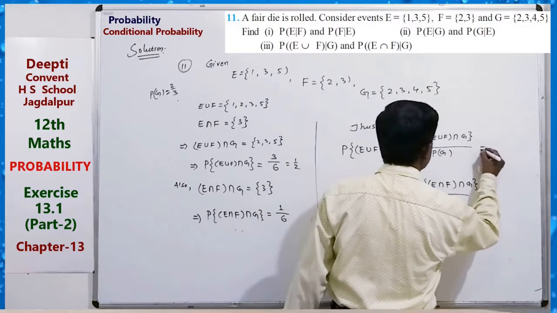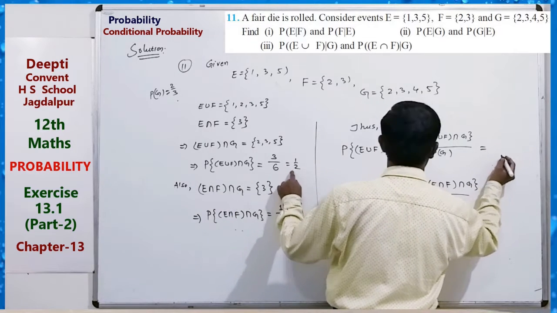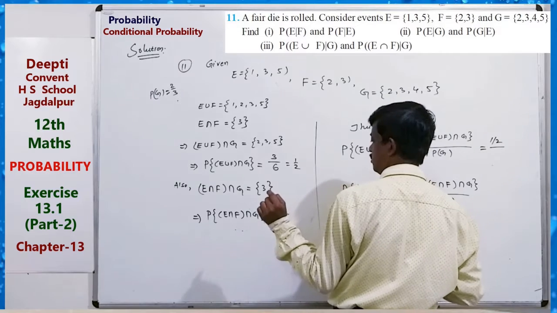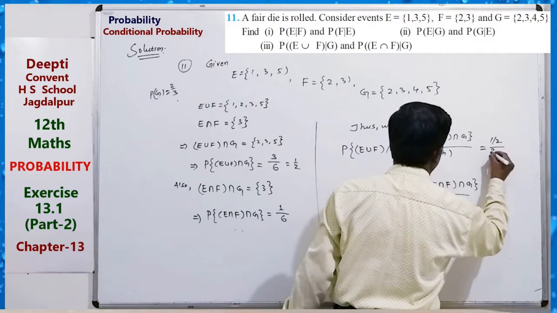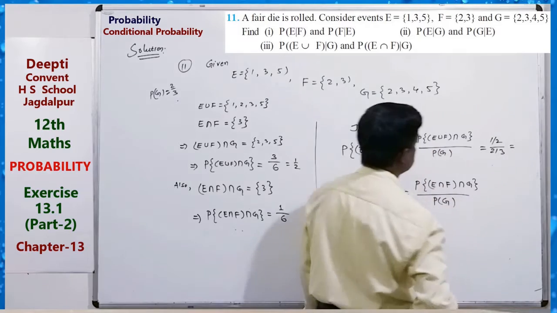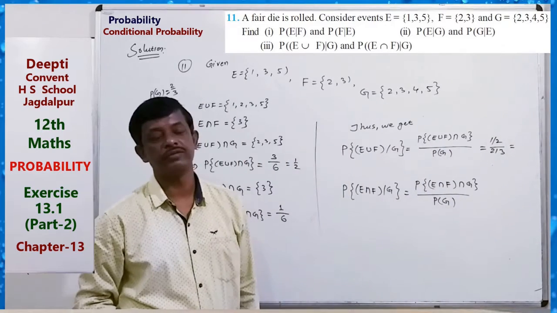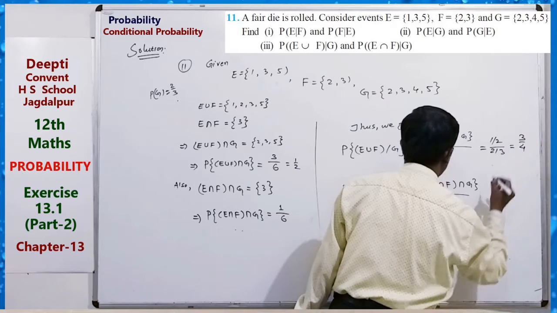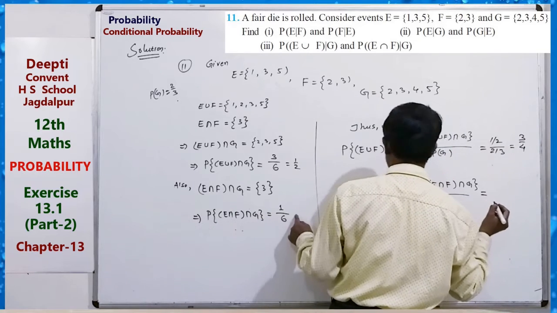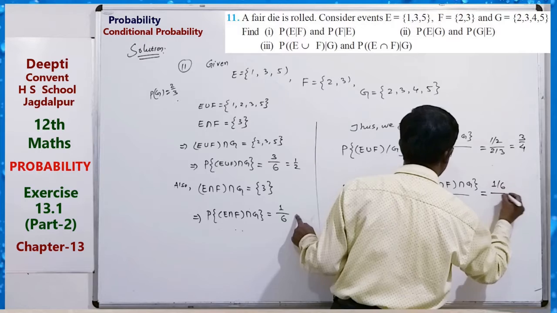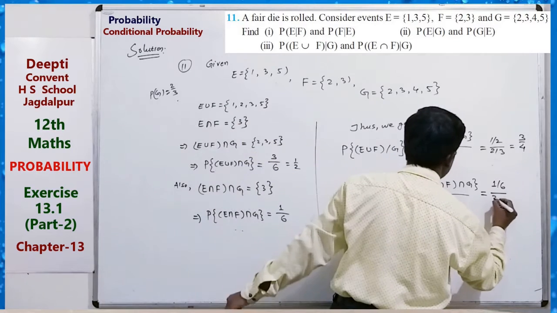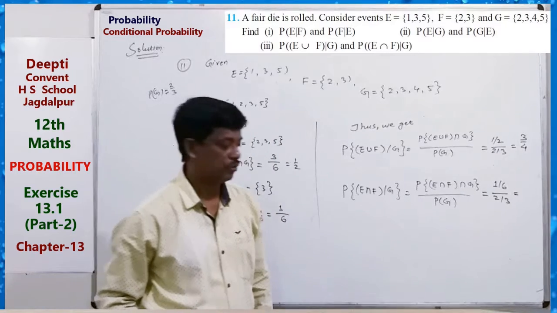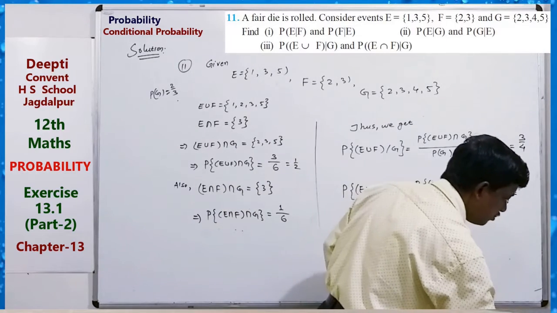So this is equal to 1 by 2 upon 2 by 3, so 3 by 4. What is the value? 3 by 4. Here, just use this value: 1 by 6 upon 2 by 3. So what? 1 by 4. The second value is 1 by 4.